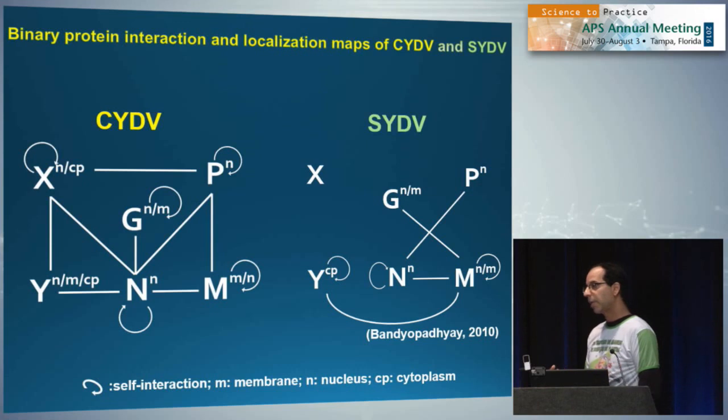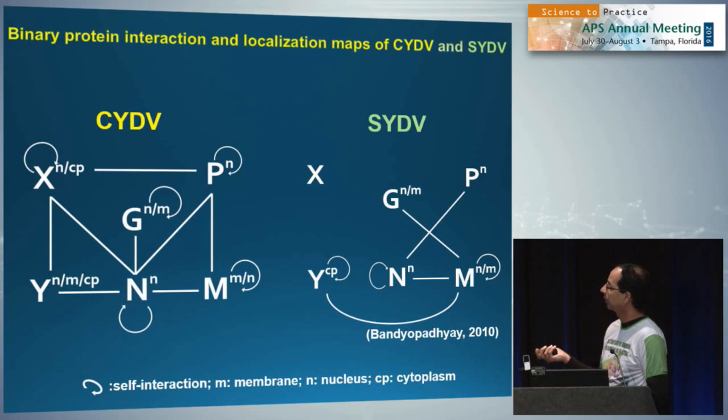If you do a binary protein interaction and localization map for both viruses, what you see, they're very different, even though the proteins are, in some cases, almost 90% similar. Some of the interactions are conserved, nucleocapsid matrix, NP interactions, self-interactions of the N protein.